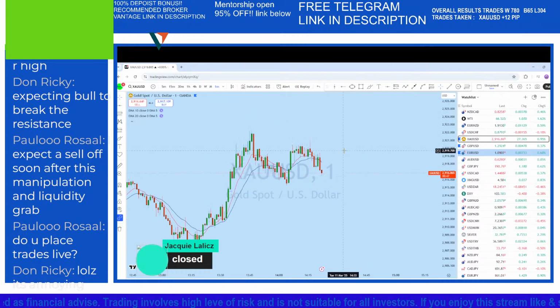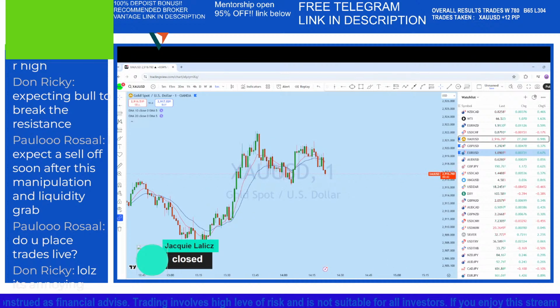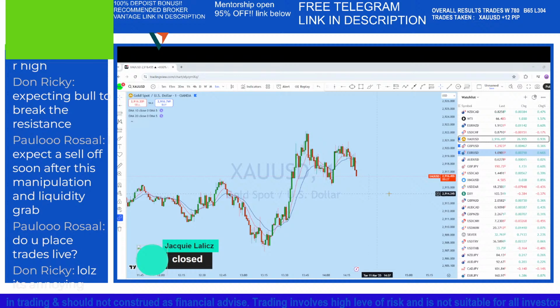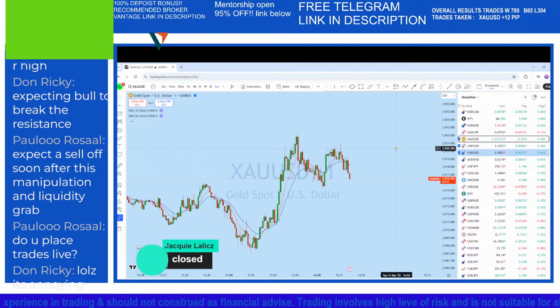This is a rejection from the top. So you might see some downside momentum for the short term, as there is a rejection from the top.